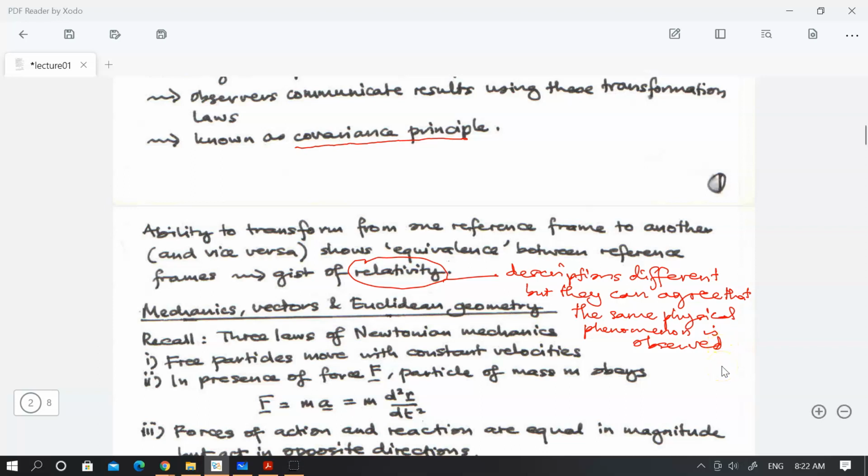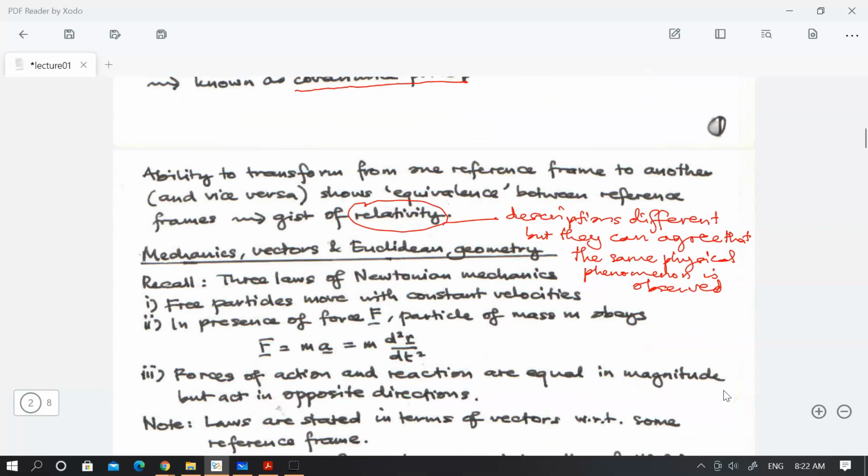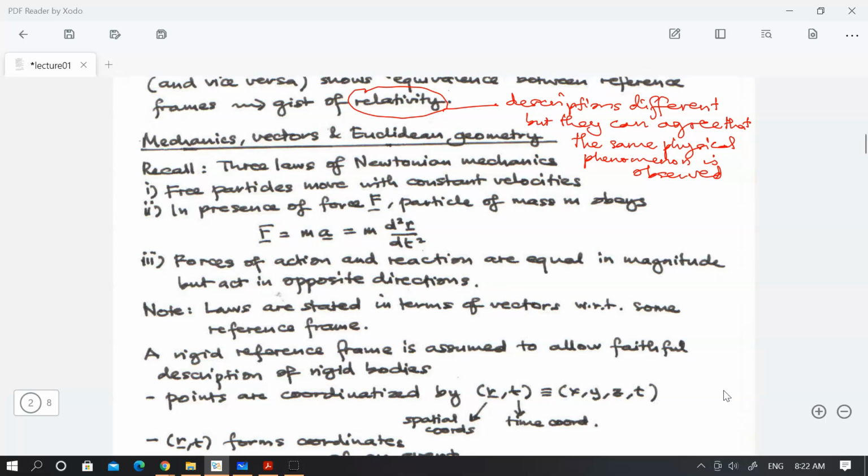Okay, so enough of that philosophy in some sense. Let's go to mechanics, where you have learned this from Tadika. I suppose you learn about mechanics all the way through until university. And we can recall the three laws of Newtonian mechanics.